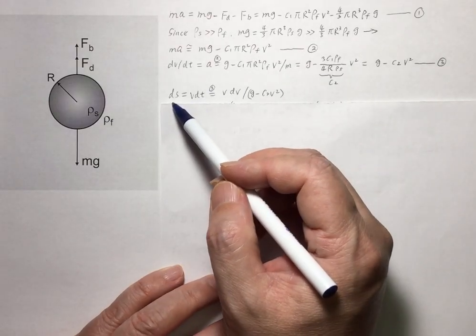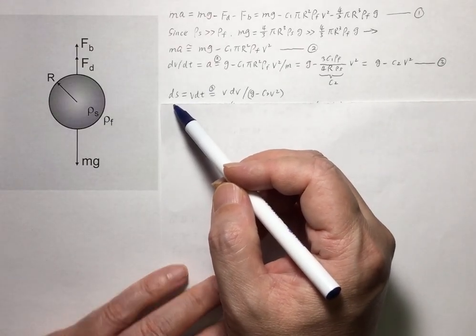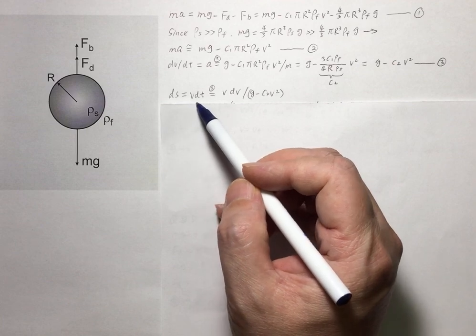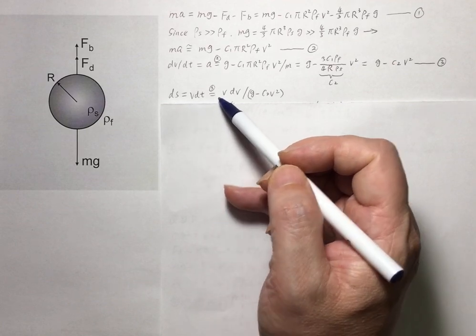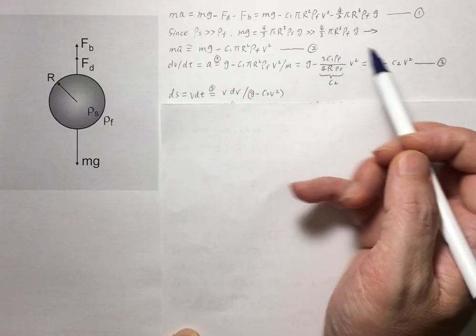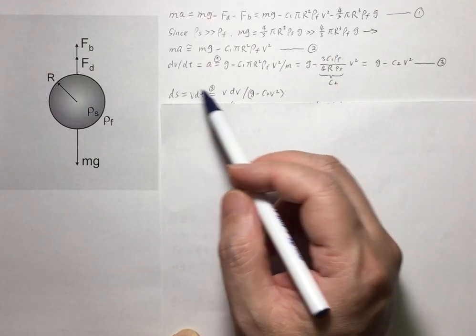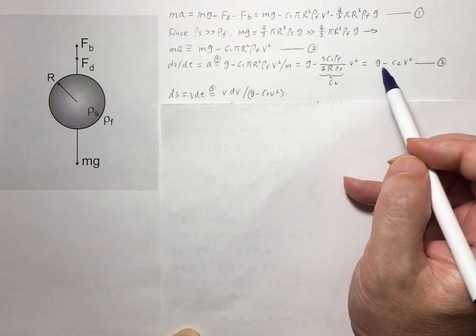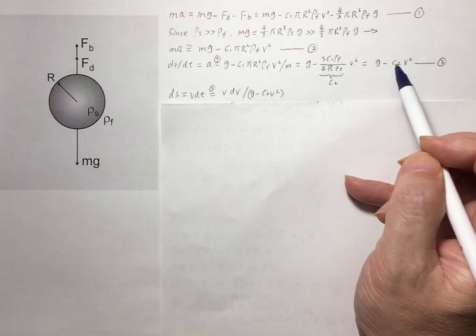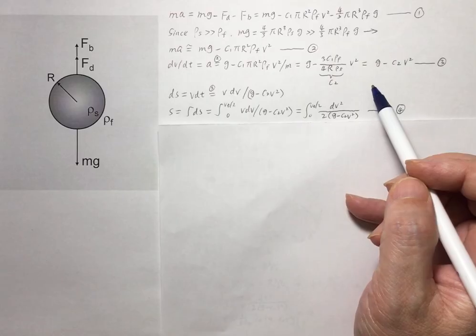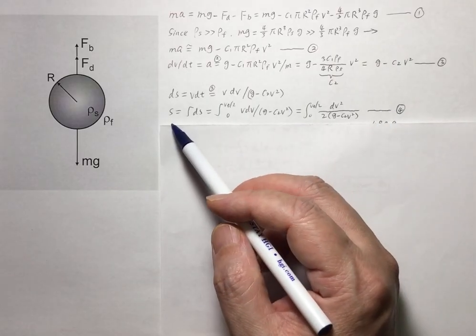So now we want to know the displacement. ds is v dt. Now we plug equation 3 here. We replace dt with dv over g minus C2 v squared, and then we integrate the displacement.